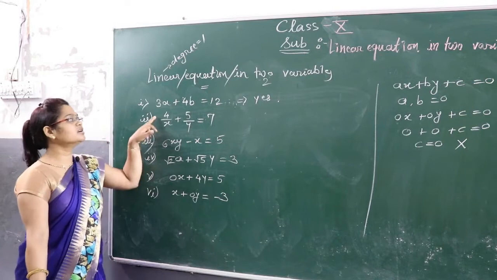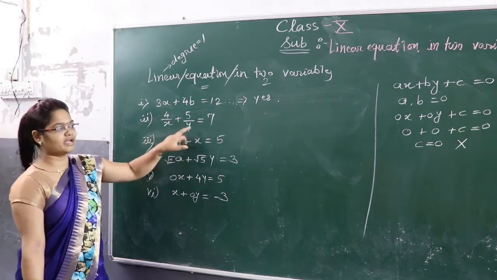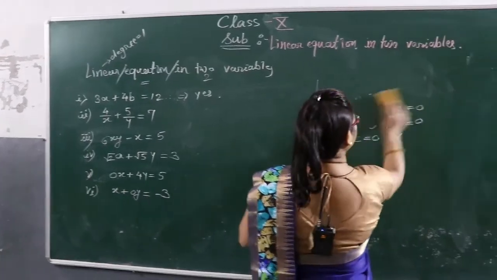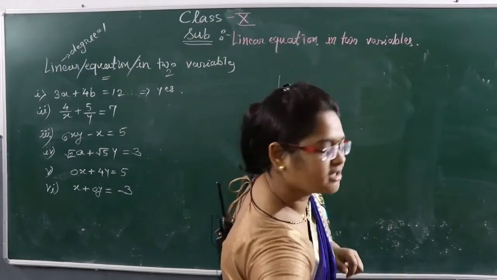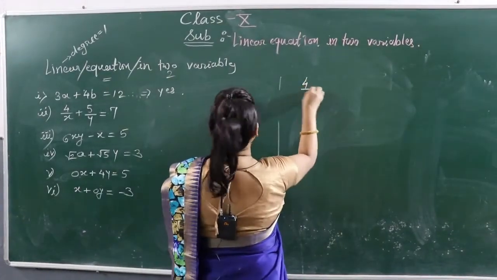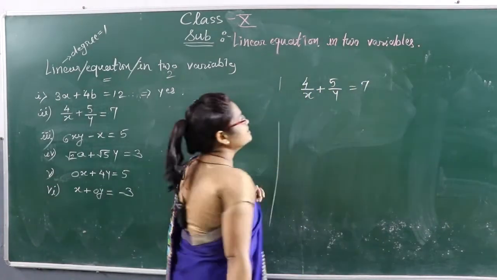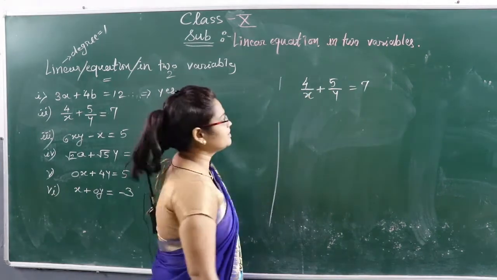Now see the second one, 4 by x plus 5 by y equals 7. Let's decide, is it a linear equation or not. We have been given 4 by x plus 5 by y equals 7. Let's do cross multiplication here.